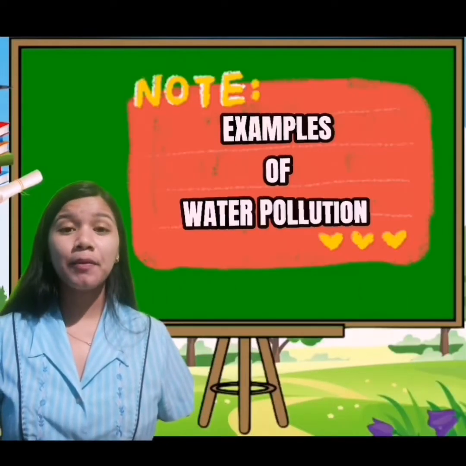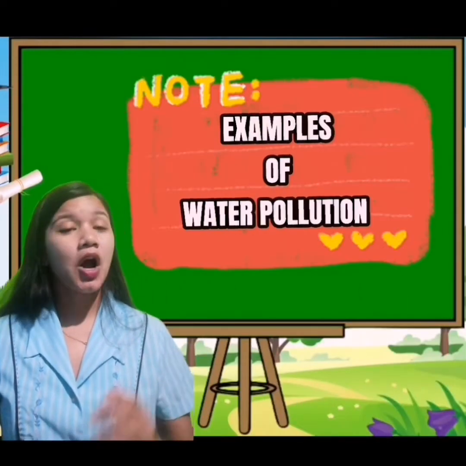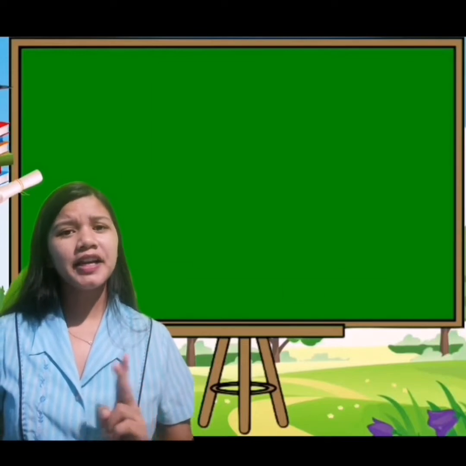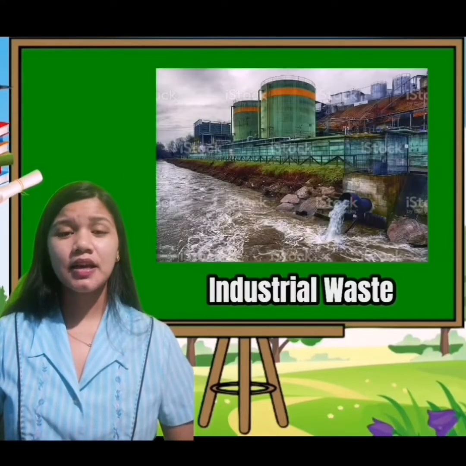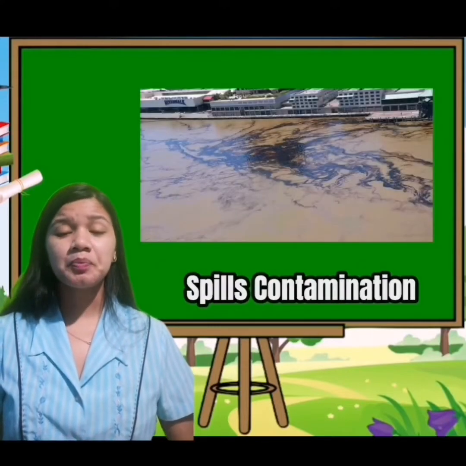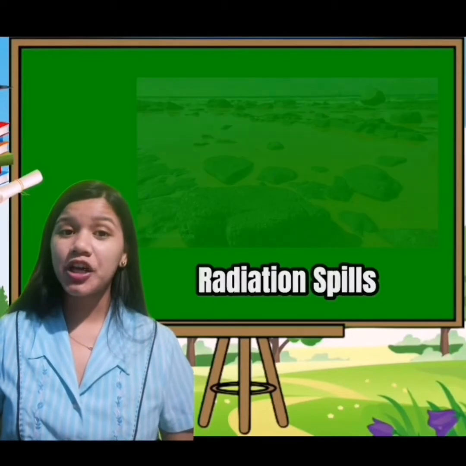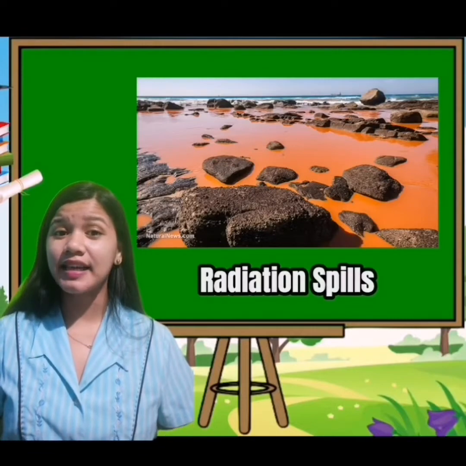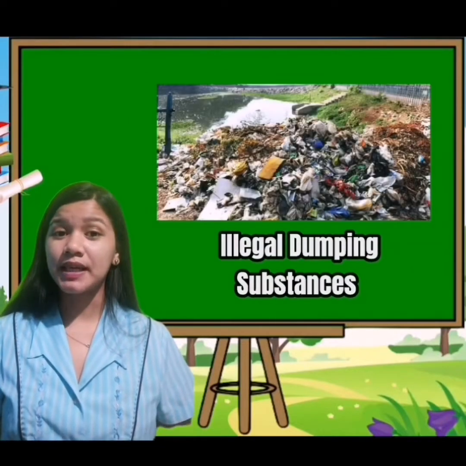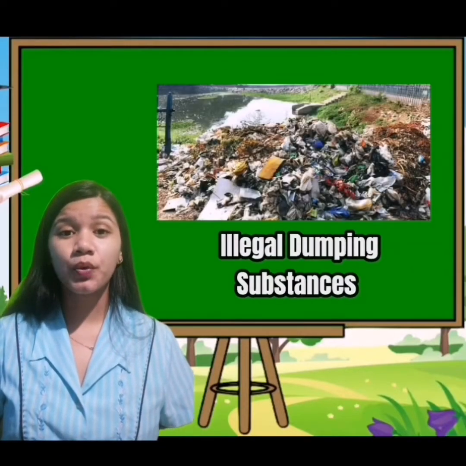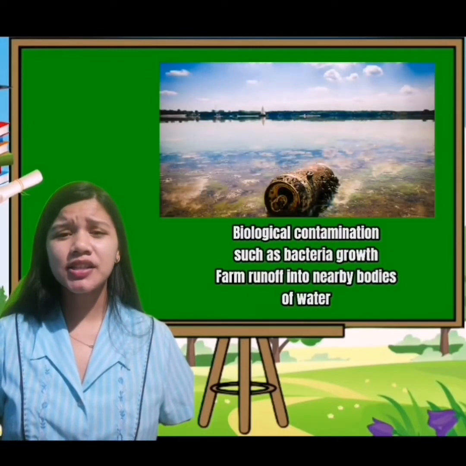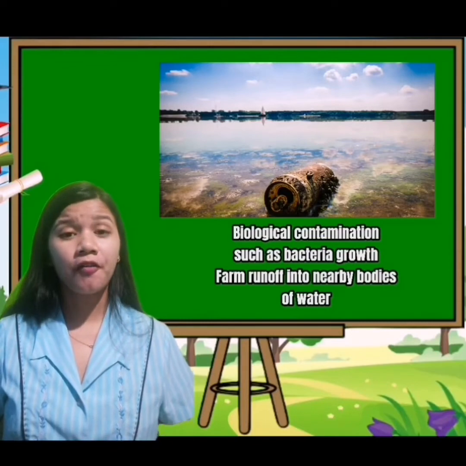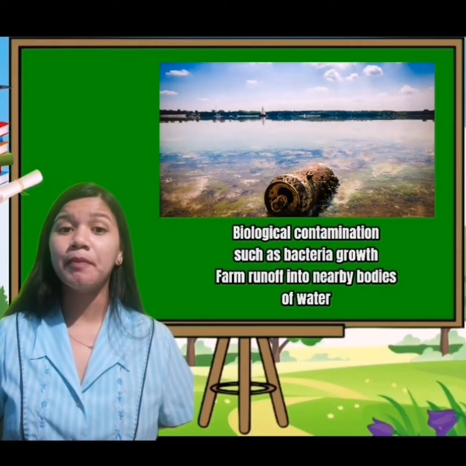These are examples of water pollution: raw sewage running into lake, stream, nuclear accidents, illegal dumping of substances or items within bodies of water, biological contamination such as bacteria growth, farm runoff into nearby bodies of water.